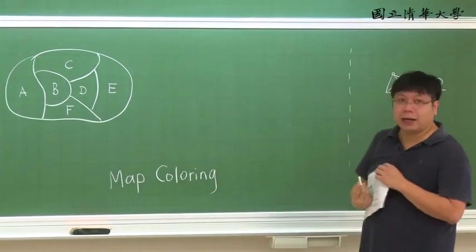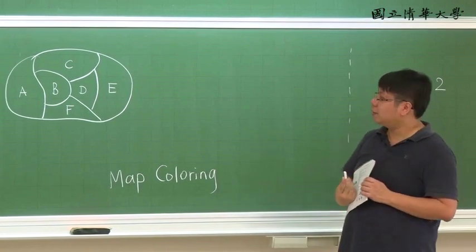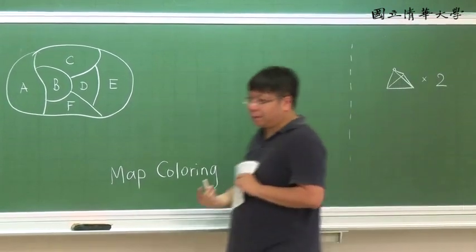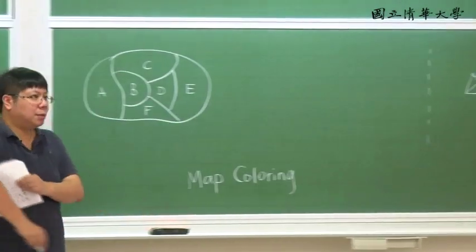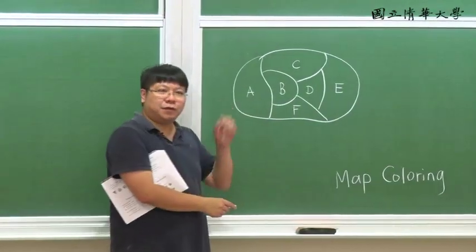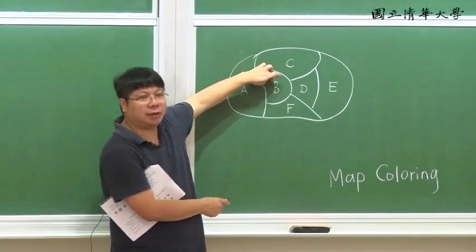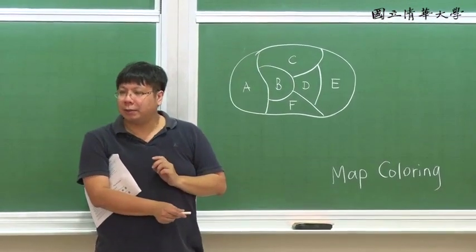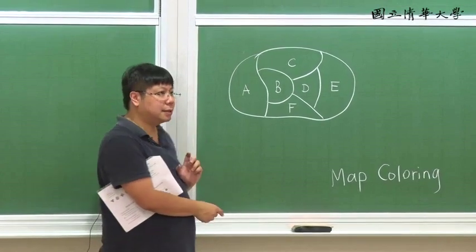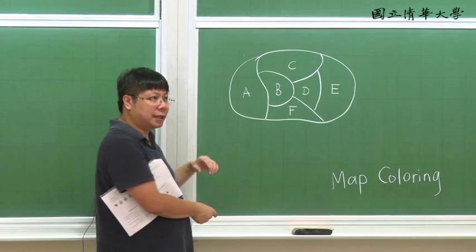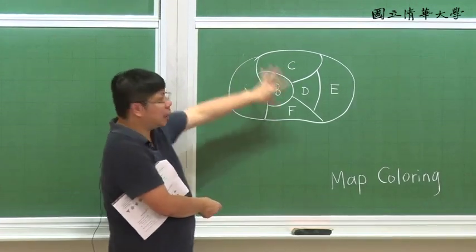So there are country A, country B, country C, up to country F. In a map, the basic requirement is that if 2 countries are sharing a boundary, say A and B, we should color them using different colors.